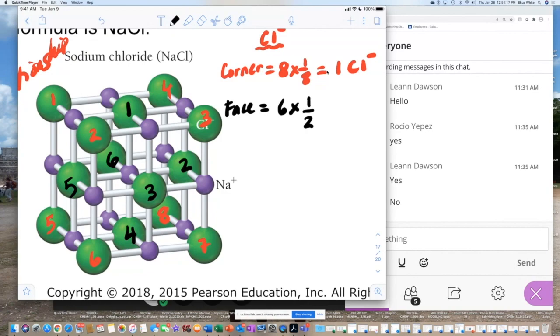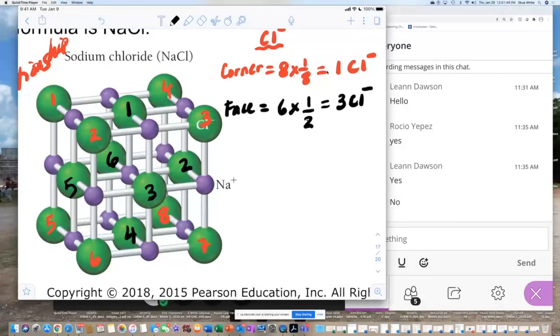I think of it like if you're living in an apartment complex and you and your neighbor managed to do something very, very not right, and you stuck something that went from one apartment to the other, but you spaced it equally between the 2 apartments. That's how I think of this face piece. Half of it is in one room, the other half is in the neighboring room. Okay, so 6 times 1/2, we end up with 3 whole chloride ions.